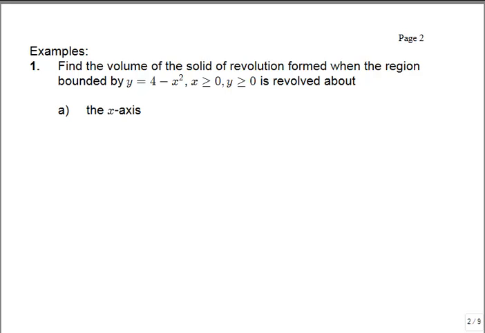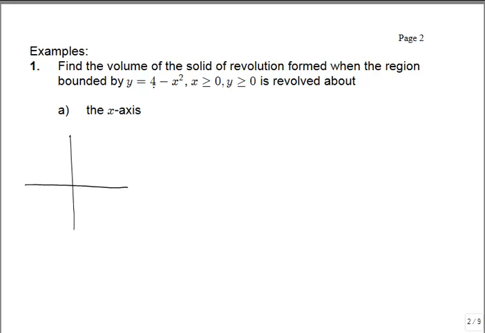If you need to use a calculator, that's fine. This one for me is easy enough that I can probably do it by hand. So if I have the function y equals 4 minus x squared, that's a parabola that points down because the x squared is negative, and it's shifted up 4 units by that plus 4 in front.